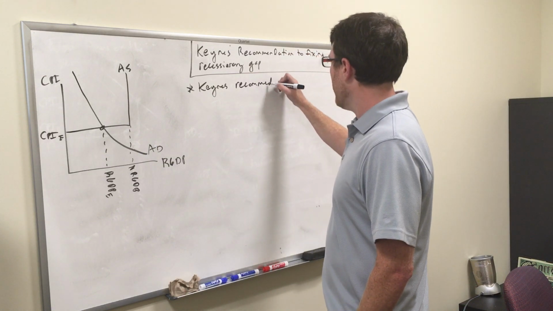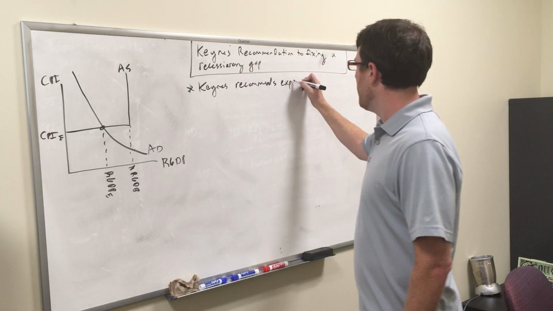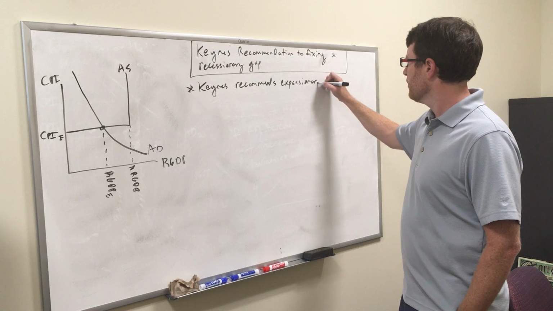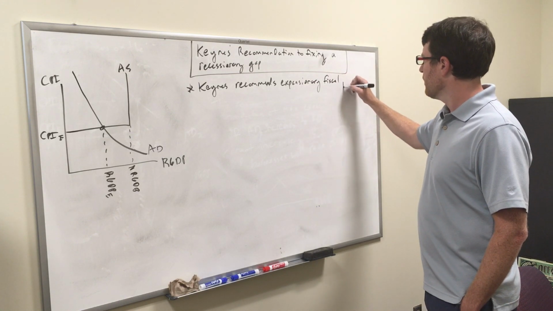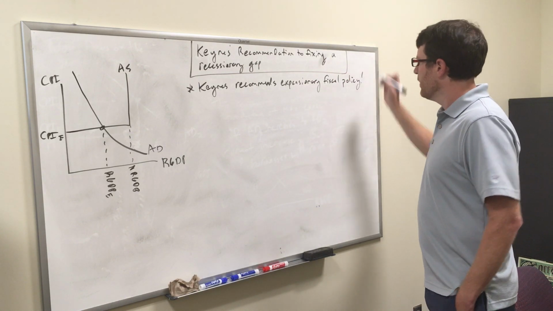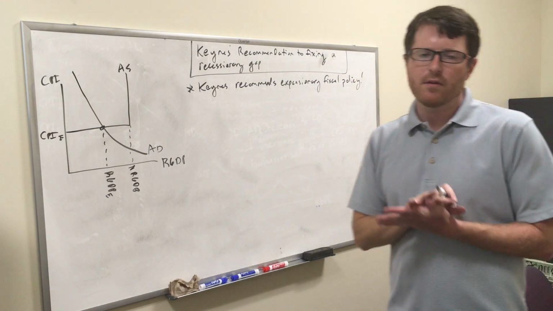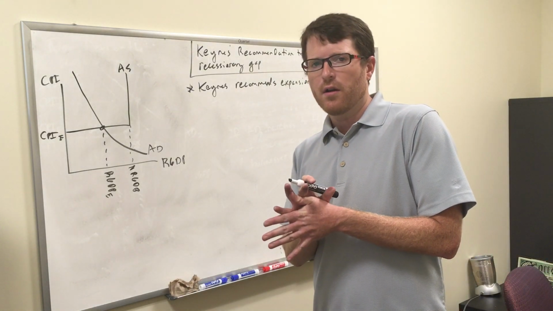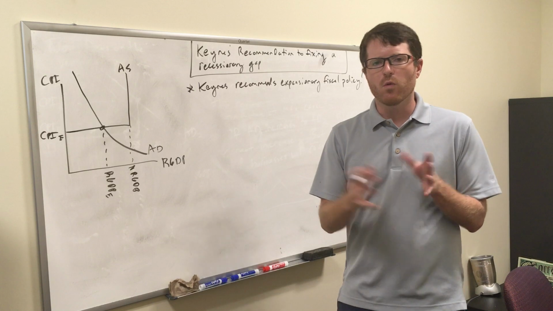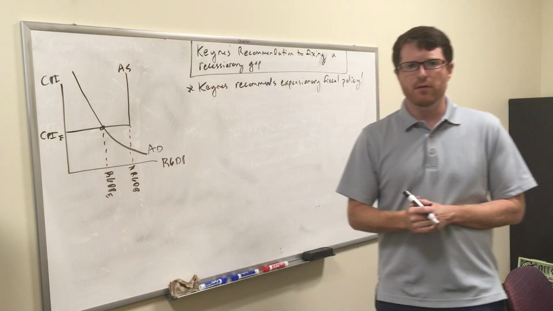As you saw before, Keynes recommends expansionary fiscal policy. That's the key. Cut taxes and or raise government spending. So do one of those things or do both of those things, okay?